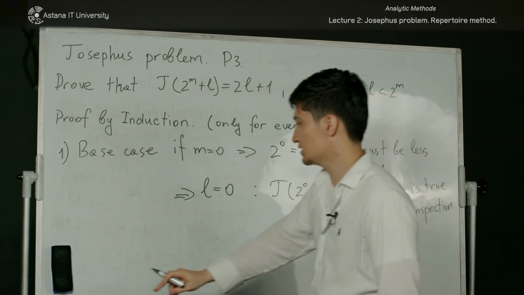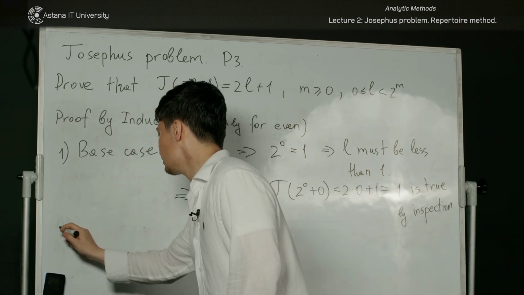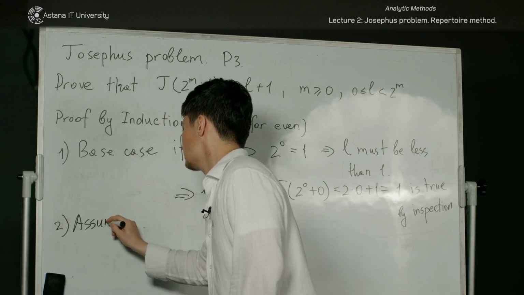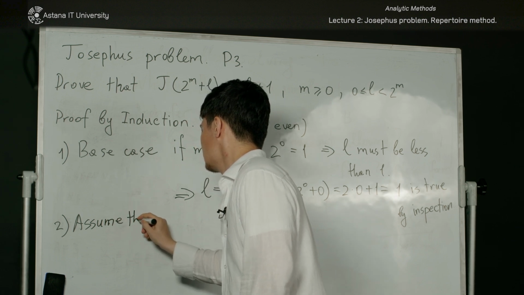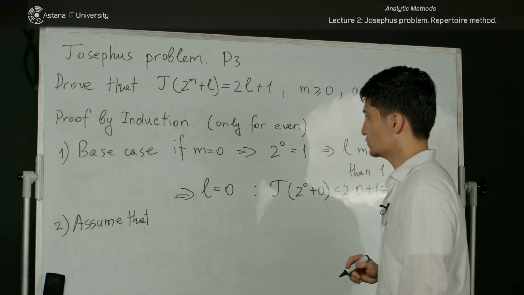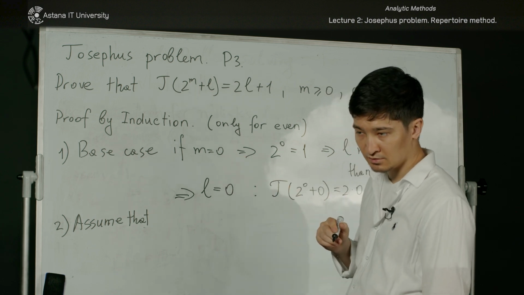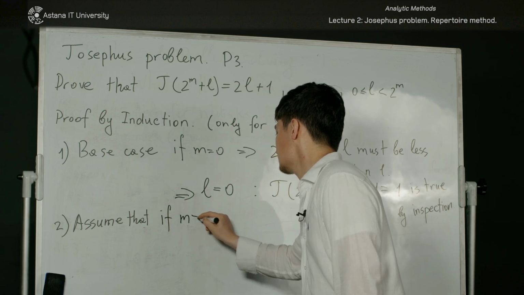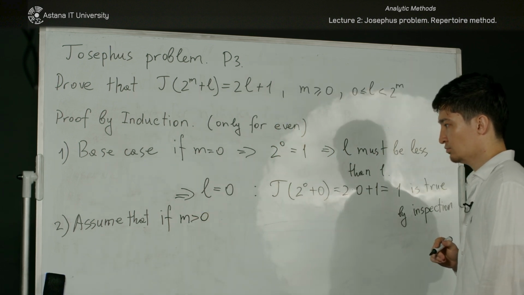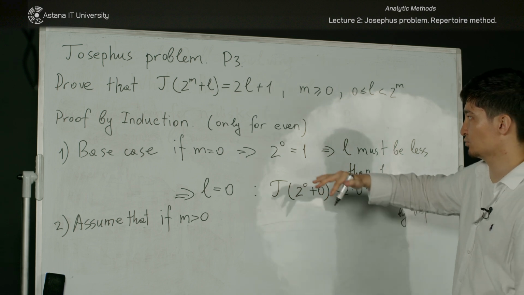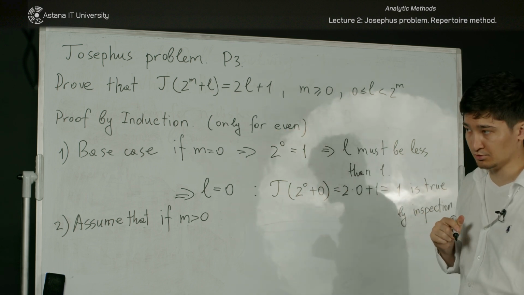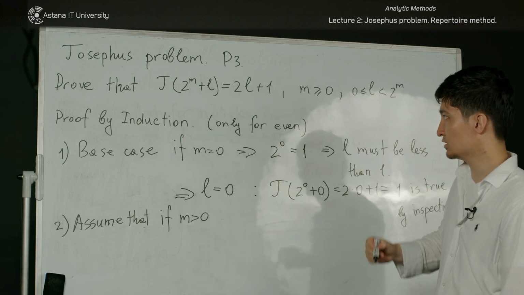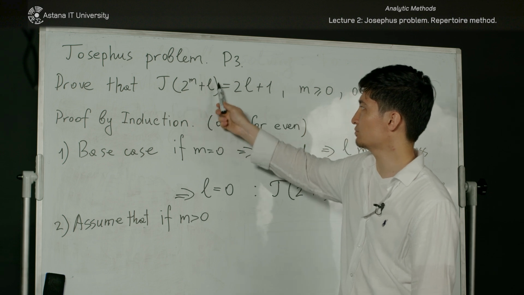Okay, next case is, now we're going to assume that when m is strictly greater than 0, and remember that we are doing this only for even values, right? So not even values of m, but even values of J, right?